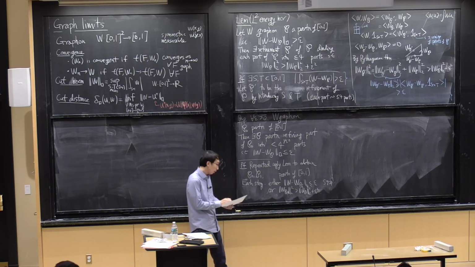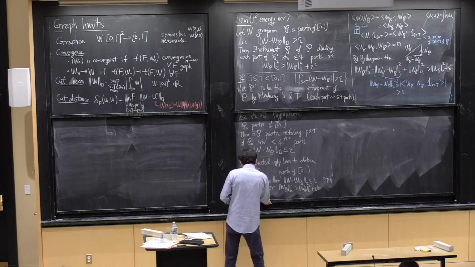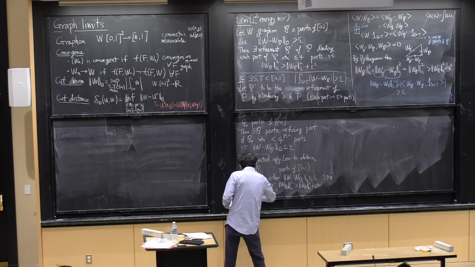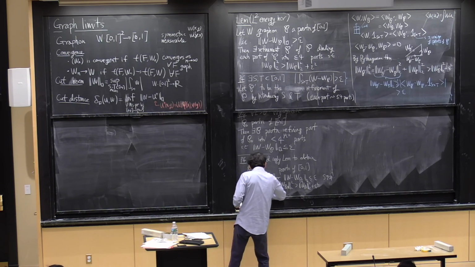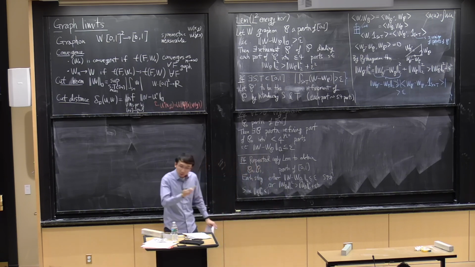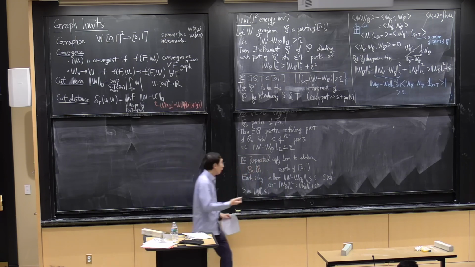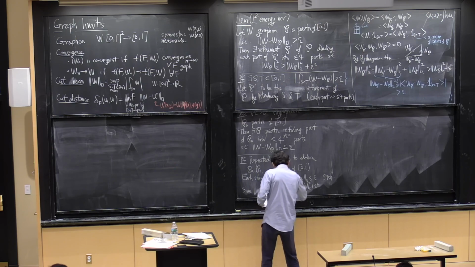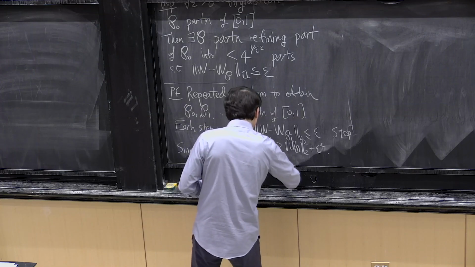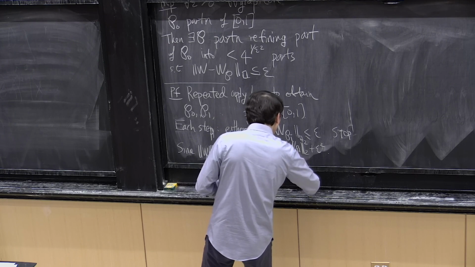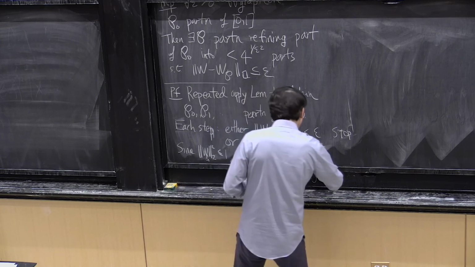And since the energy is always bounded between 0 and 1, we must stop after at most 1 over epsilon steps.